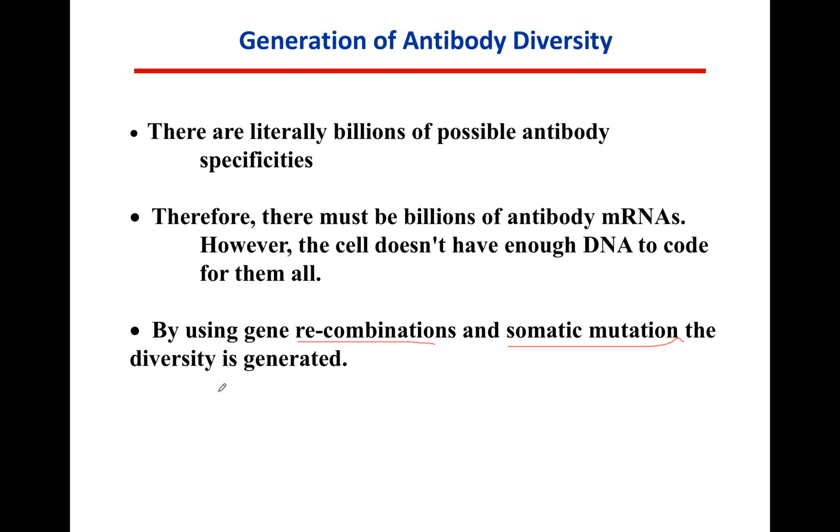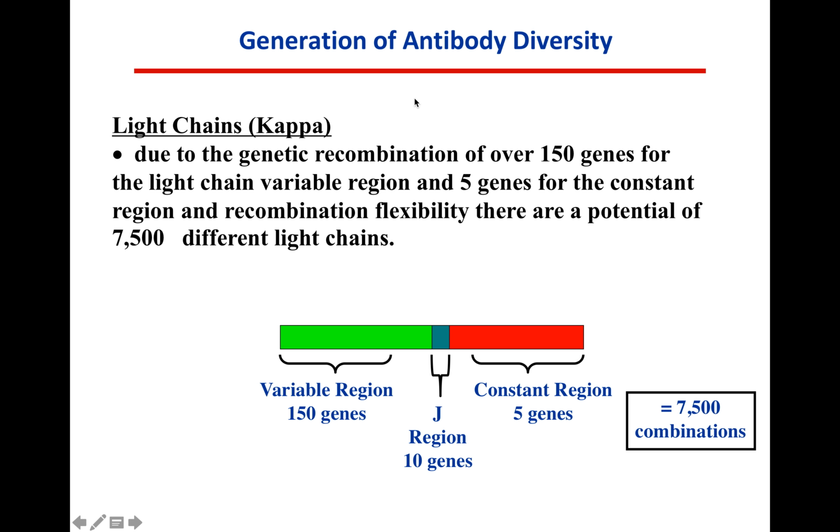So I'm going to give you just a brief primer on this. We could go into a lot of detail about this, but I just want you to be familiar with this. And that is, if we were to look at the light chains, right? The light chain, for example, the kappa chain, there are several segments of this. There are genes for the variable region.